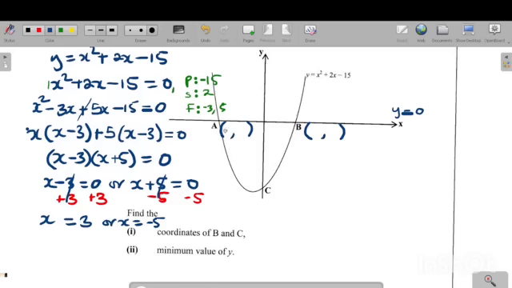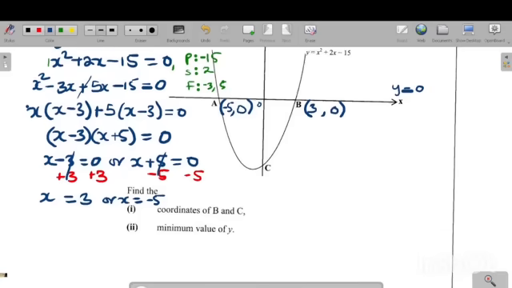The x coordinate at A is negative. So, negative 5 is here. Because this is 0, the origin. And then this is the negative part on the left. So remember, along this line, y is 0, so you have 0 here. So now, which means that the positive one is for B. Okay, so 3 here, and then 0.